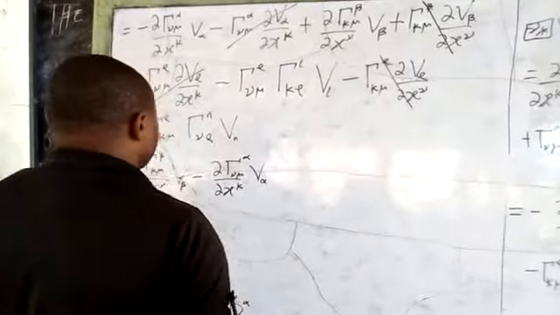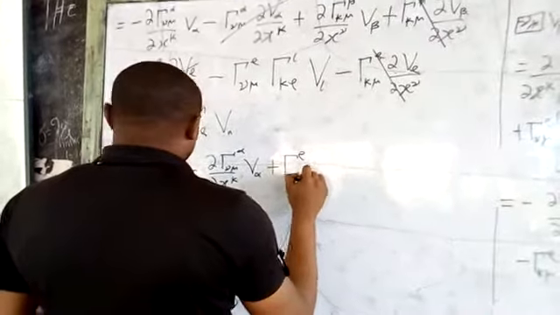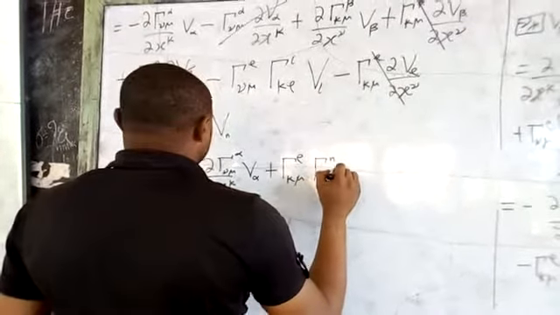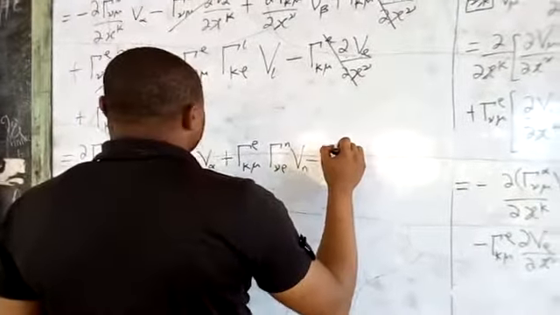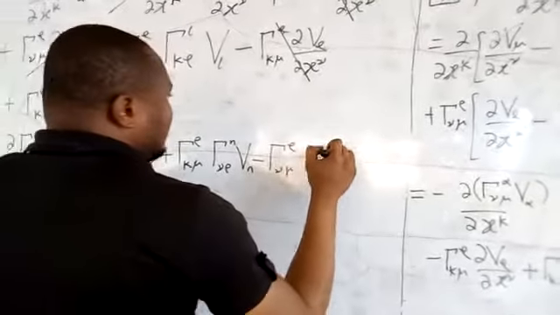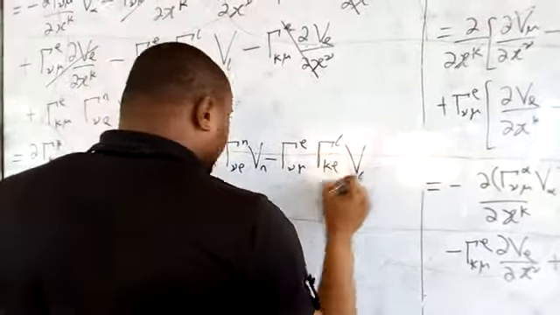And the last terms we have here will be plus rho, k mu, n nu rho, v sub n, minus rho nu mu, gamma L, k rho, v sub iota.